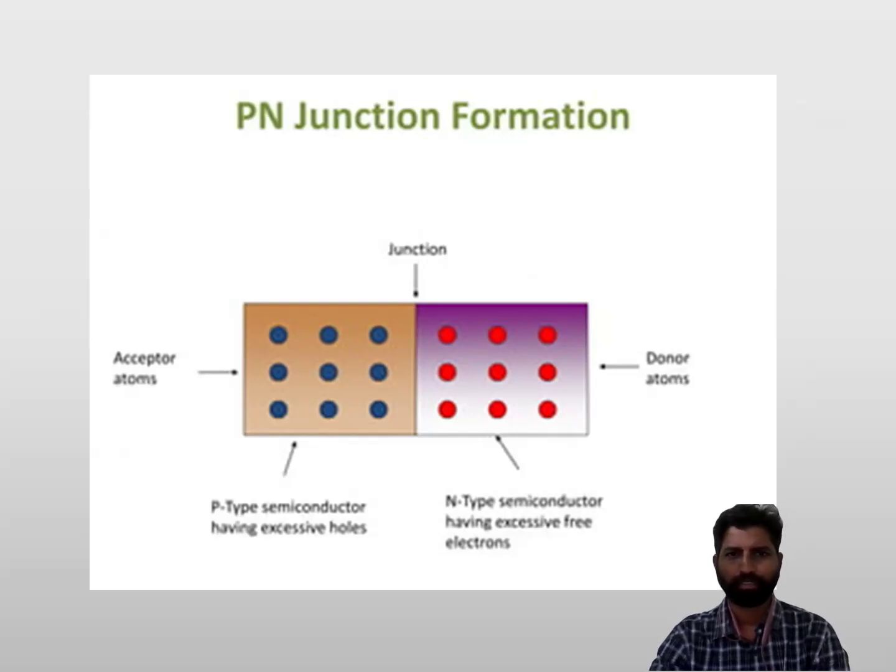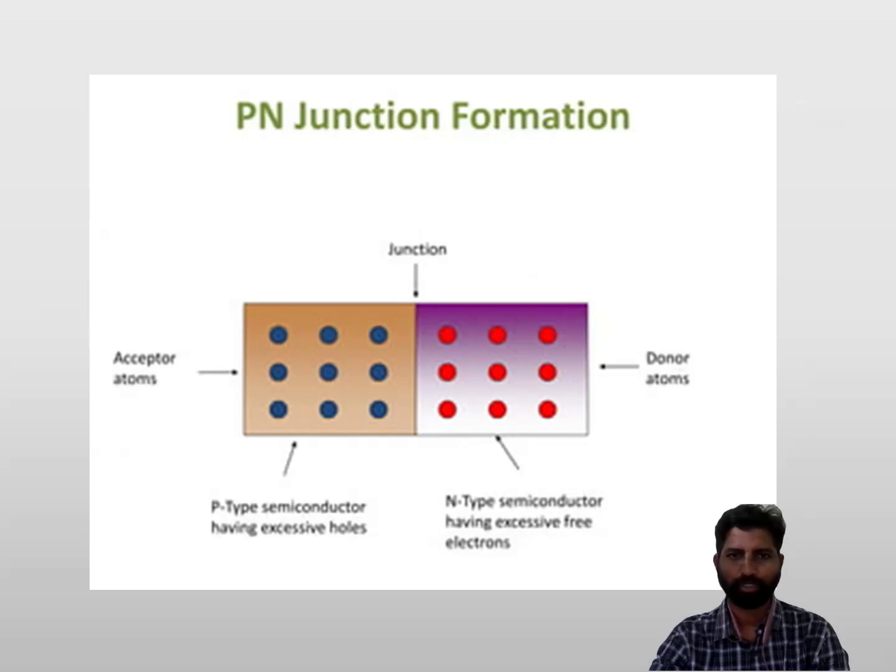Coming to the other semiconductor material used in this PN junction, it is called the N-type semiconductor. The N-type semiconductor consists of excess free electrons, which are the majority charge carriers, and the minority charge carriers are holes. In the P-type material, the minority charge carriers are electrons. So the P-type has acceptor atoms and the N-type material has donor atoms.